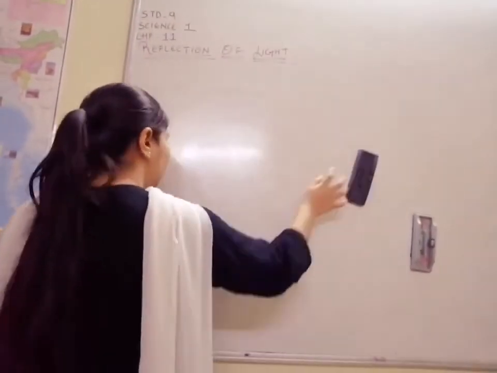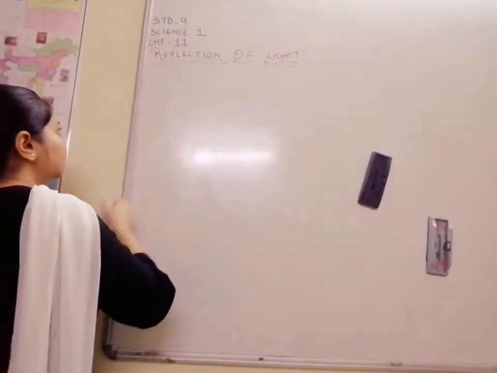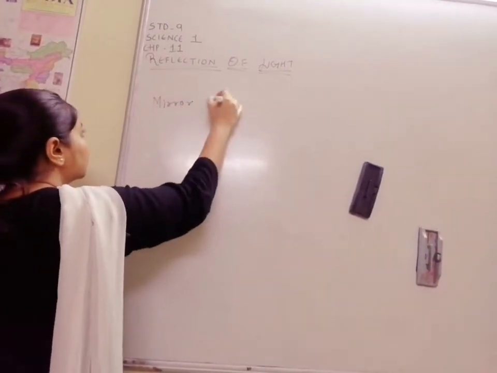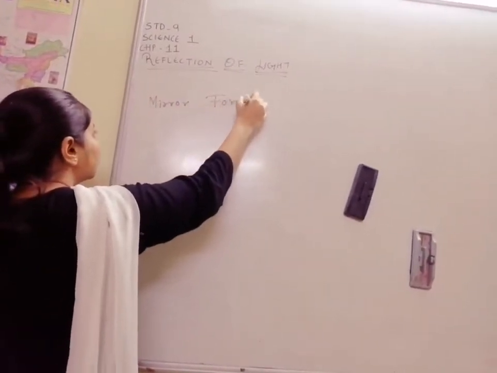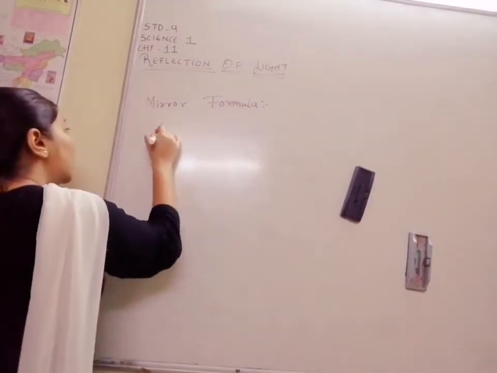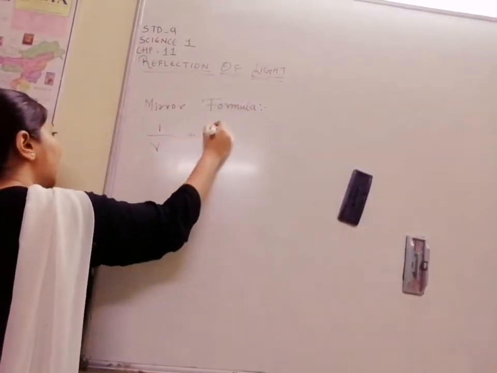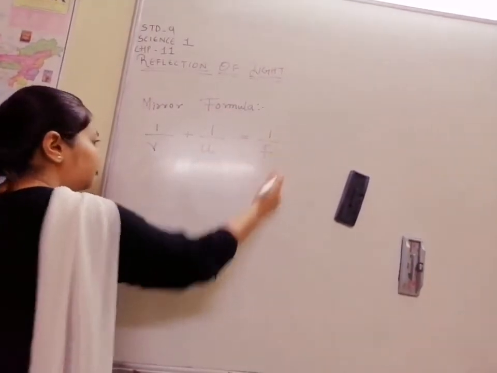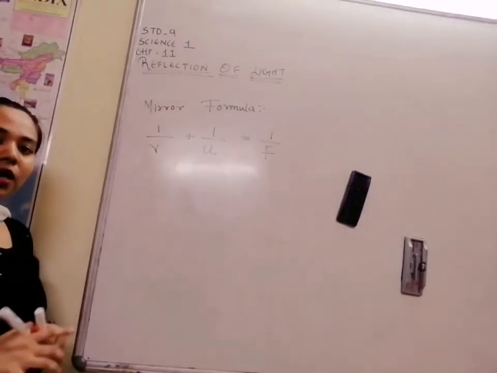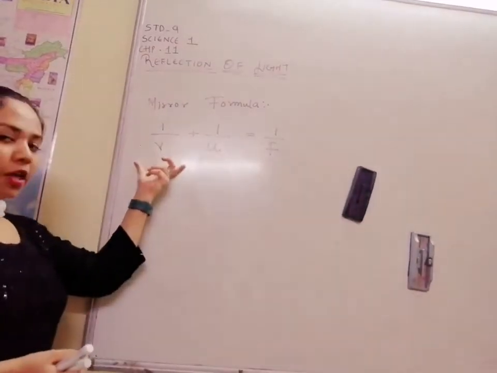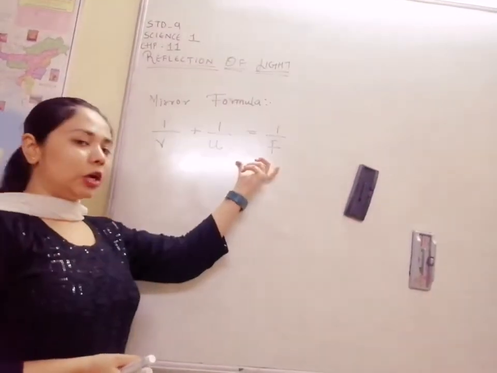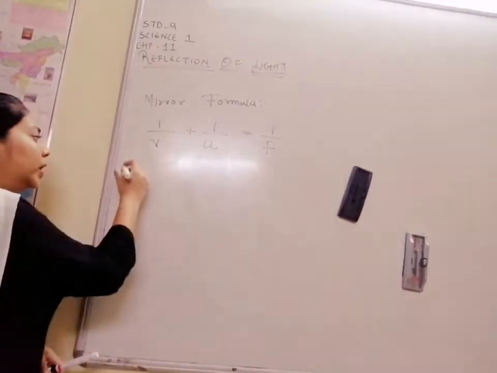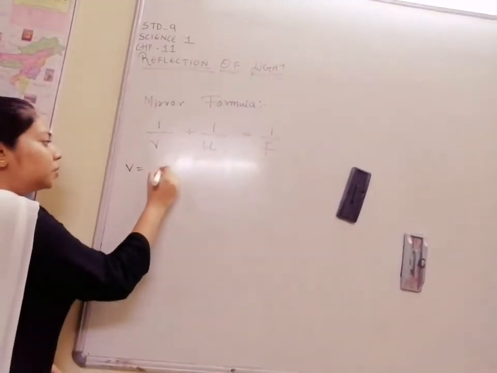Okay, what is the mirror formula? 1 upon v plus 1 upon u is equals to 1 upon f. Okay, simple. Now what is v here?